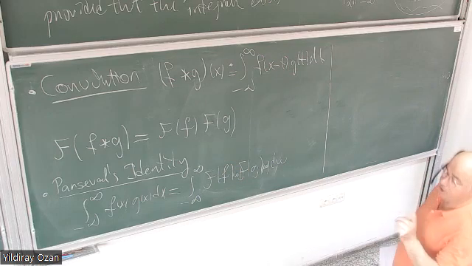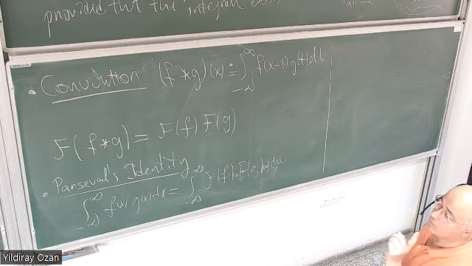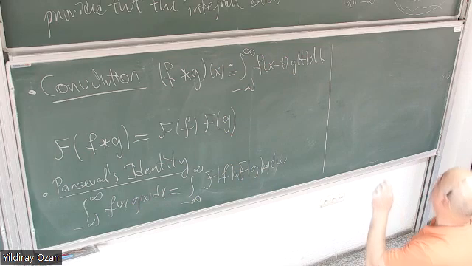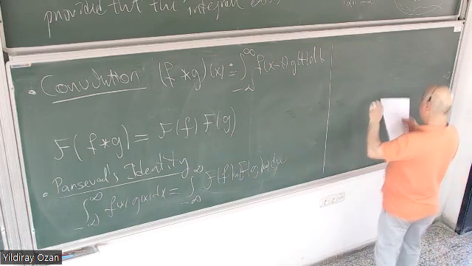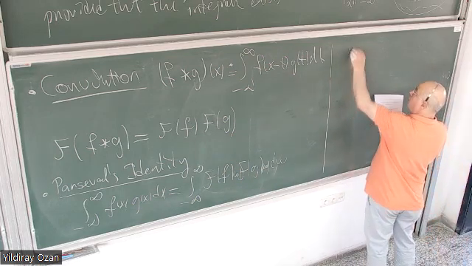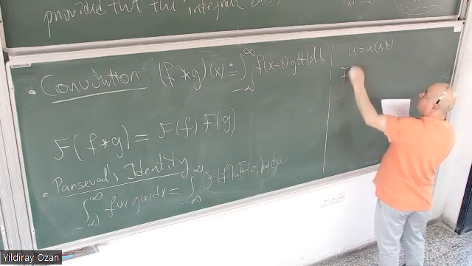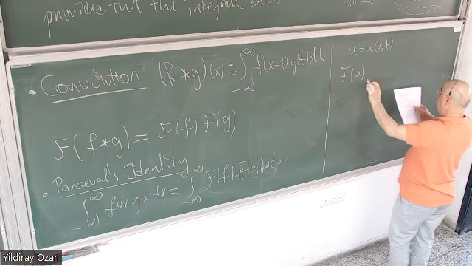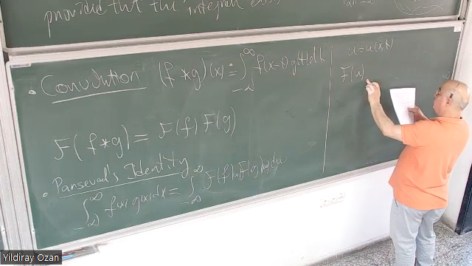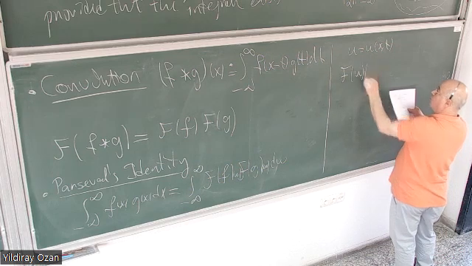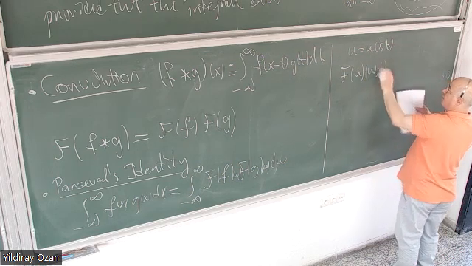Şimdi şey yazarsak Fourier transform'un tanımını. So if u is a function of x and t, then Fourier transform of u, which is a function of w and t, right?